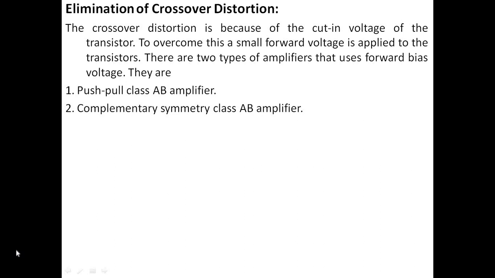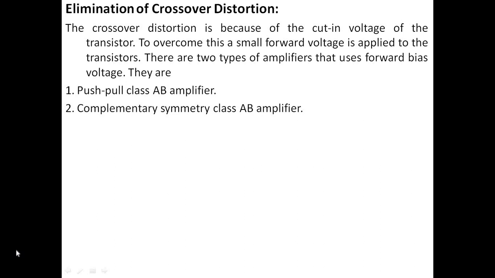In order to compensate the cut-in voltages of the transistors, you are providing an external voltage. Because of this external voltage, there will be a shift in the operating point. Now the operating point slightly moves towards the active region.